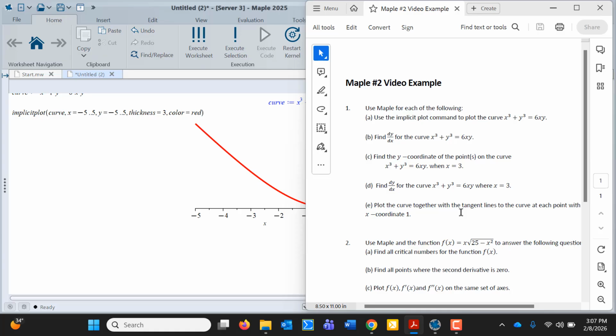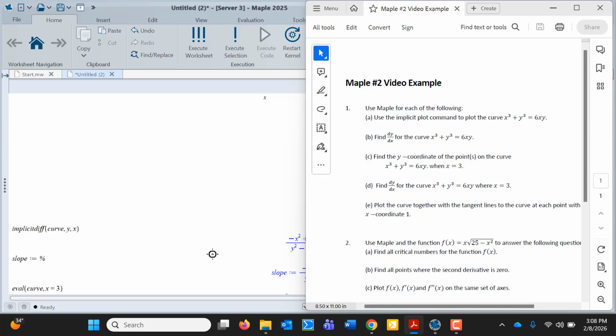Okay, so in order to do that, we're going to need to plot the curve along with the tangent line. And for the tangent line equation, I'm going to make Maple do all the work. I'm not going to do any scratch work on the side and then type in that equation of that tangent line. I'm going to make Maple do it. And we're doing an implicit plot because remember, this curve was an implicit function. So here's how this is going to look.